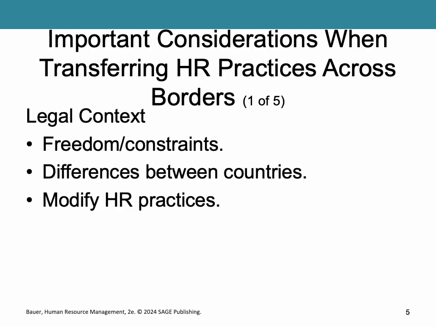So let's talk a little bit about legal context and how that varies. Obviously, legal constraints here in the United States are different than legal constraints in other countries. If we compare, for example, the European Union versus the United States, we're much looser in terms of our laws, believe it or not. I know a lot of people here in the US say, "Oh, it's so constraining."